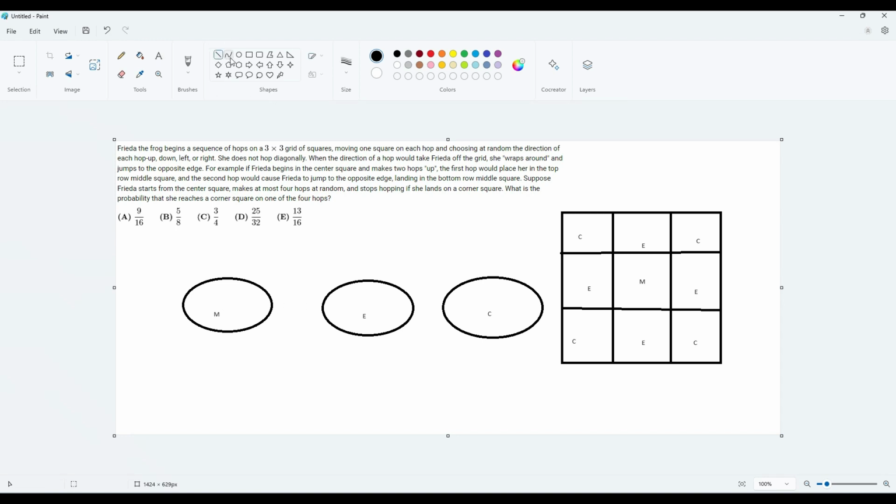Now let's draw the lines to showcase what the problem is representing. It starts with the middle going to the edge, because that's the only place it could go. So we can just draw an arrow here representing that. It's not too neatly drawn, but I try my best. And then we have the edge to the corner.